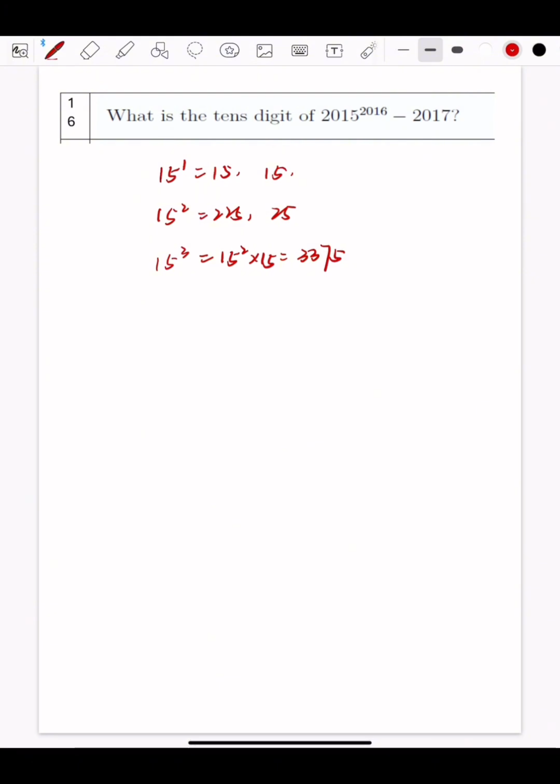And we know that for every n bigger than 2, this one will end with 25.